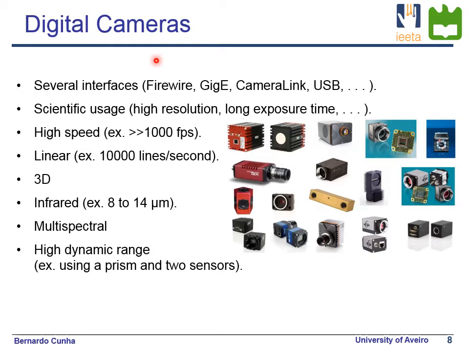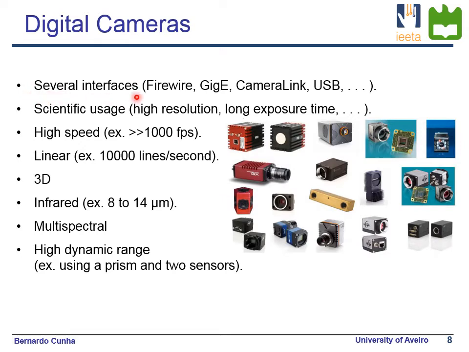So depending on the application you have, depending on the amount of money you have, depending on the quality of the image you want, etc., you can select from very different cameras with costs that go from just a few euros to maybe tens or hundreds of thousand euros. So basically, what are the differences you can find in all these families of cameras?